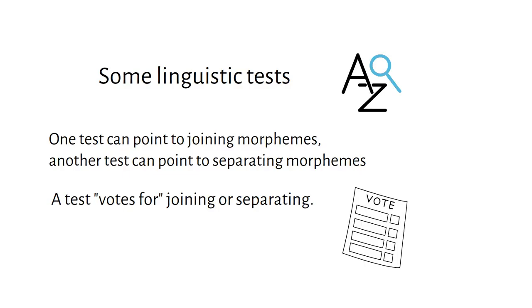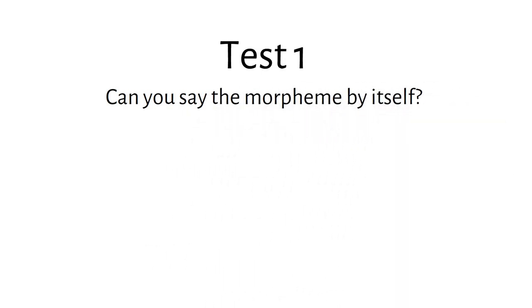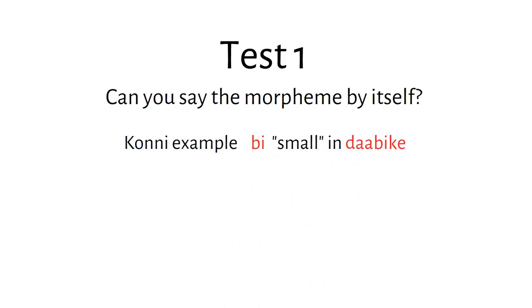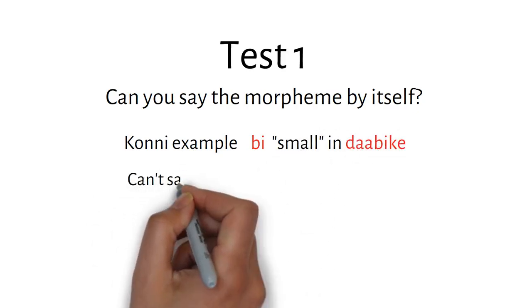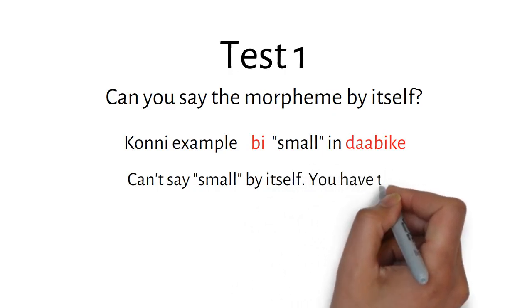Some tests are complicated. Can we start with an easy test? Yes. First, test 1. Can you say the morpheme by itself, or do you always have to add other morphemes? Let's look at small, b, in the Koni example in dabike. Koni speakers won't say b by itself.